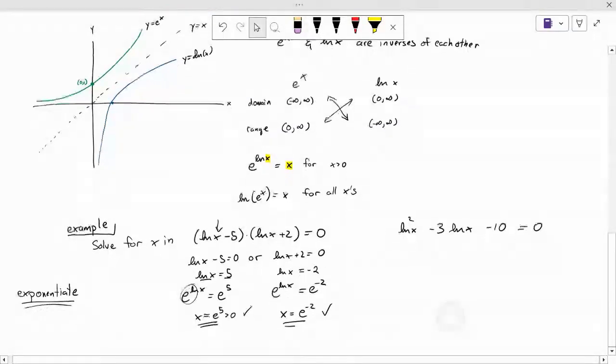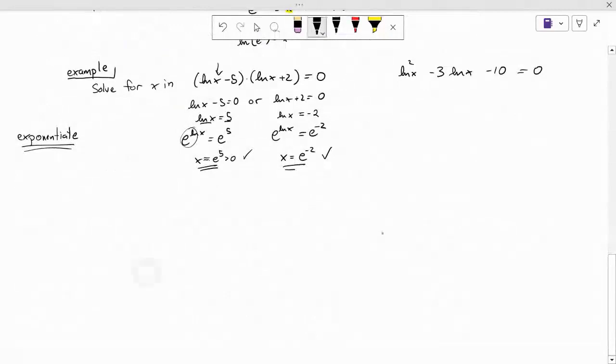For the next simple problem, I don't know what to call it, take the log of both sides. I think this is the phrase I'm going to be using. But we're going to solve for x again in the equation e to the 2x minus 100 is 0. Just the basic idea: we need to solve for x.